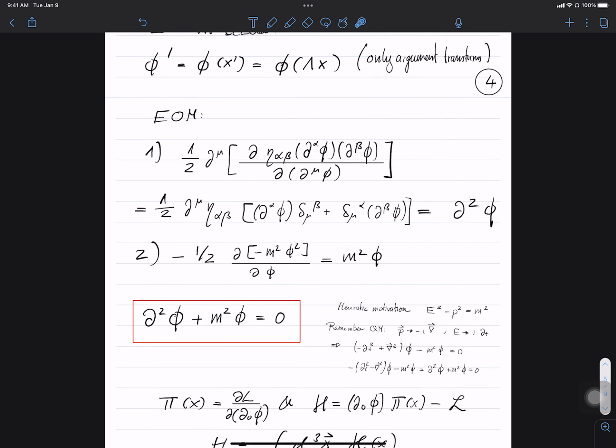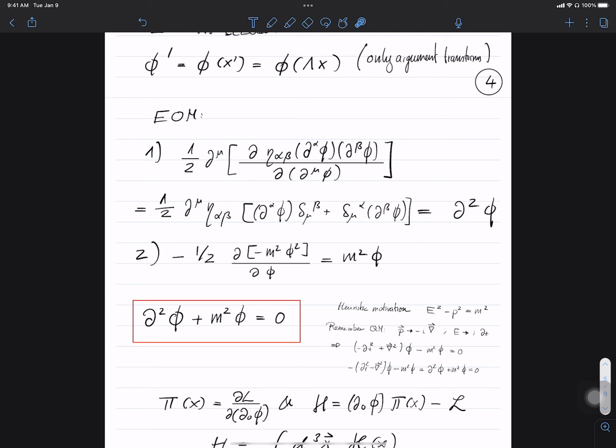So we get first terms that go like d alpha, where d alpha phi is left untouched. We basically do the product rule here of derivatives. And when we differentiate d beta phi with respect to d mu phi, we get a 1 only when beta and mu match.